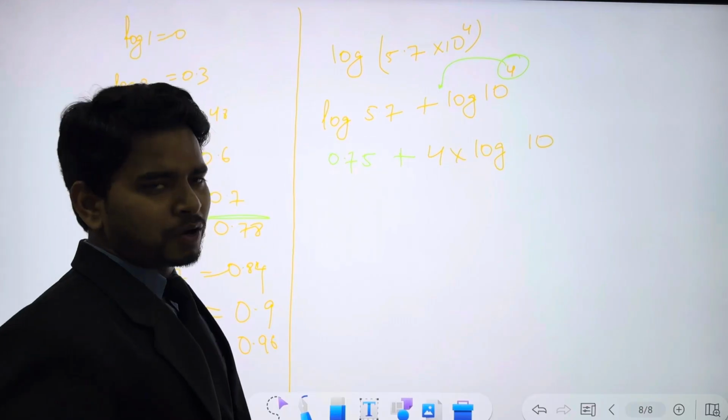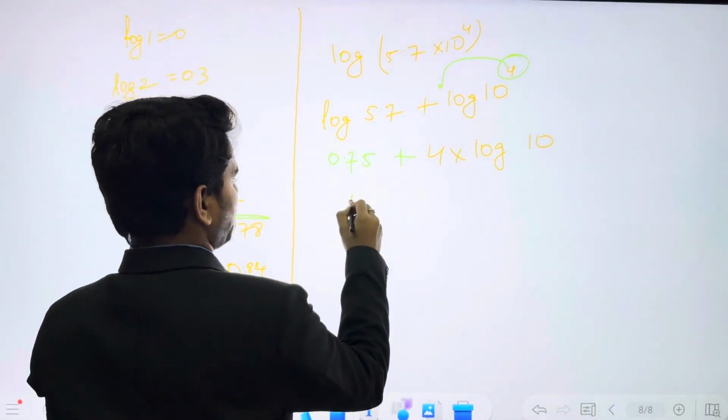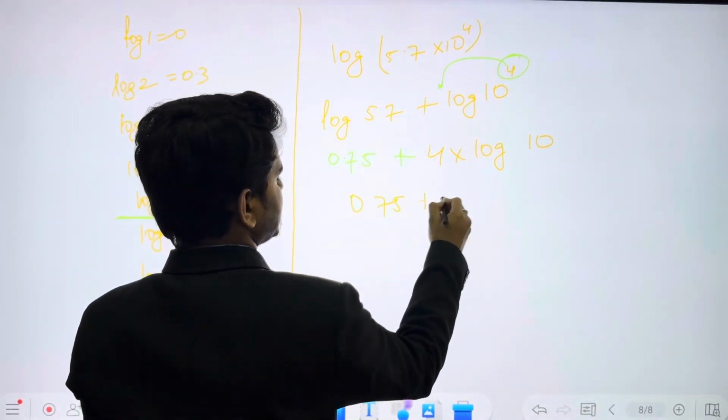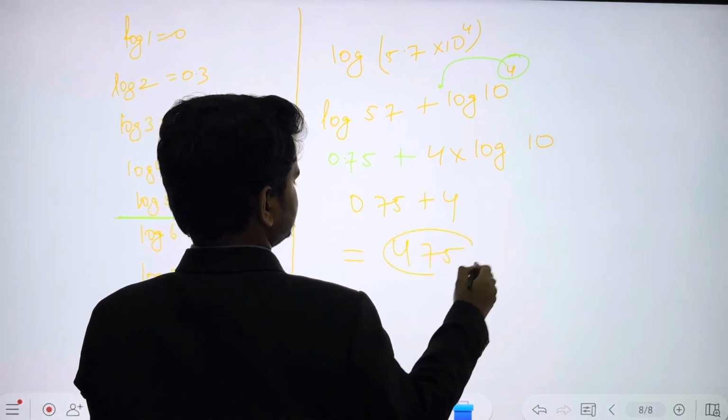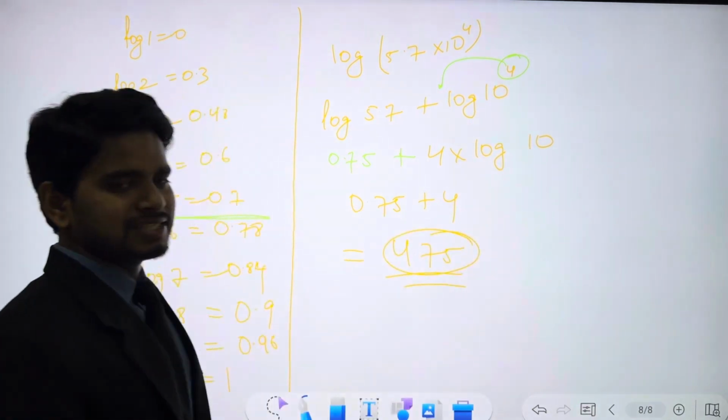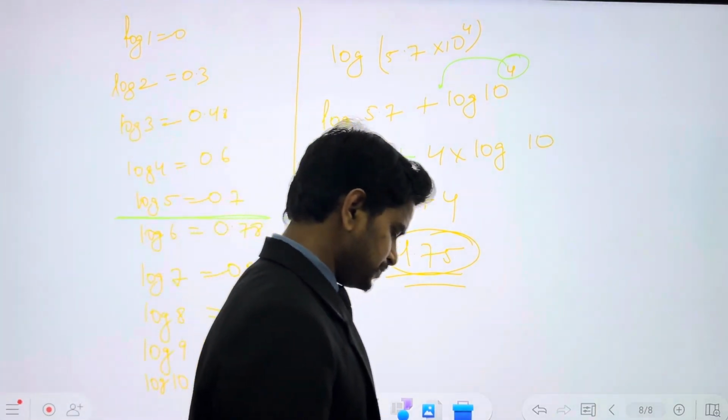And log 10 is 1. So you can say 0.75 plus 4, that is going to be 4.75. That's the answer you have.